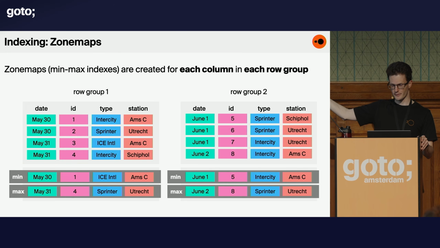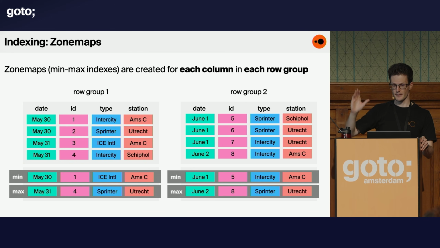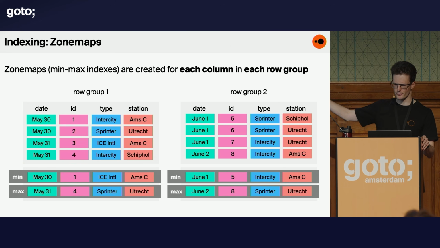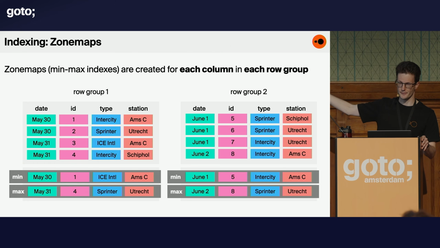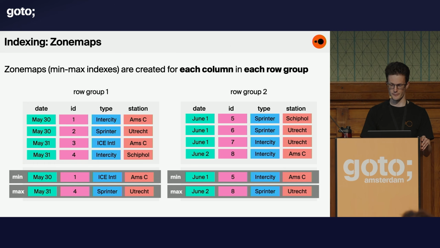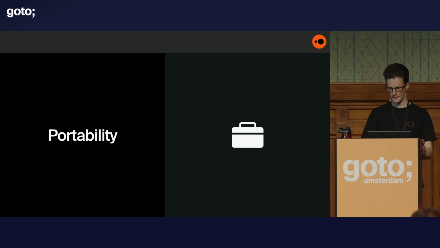And in row group 2, we created 1st of June and 2nd of June. So if someone says, I only want summer months, then DuckDB can immediately just throw away row group 1 because there cannot be a potential match in row group 1. This also works well for IDs, and it doesn't really work for strings. So for the type and the station columns, this doesn't work that well. But in many of the cases, zone maps is all that you need for indexing.